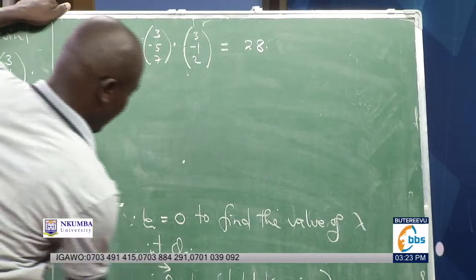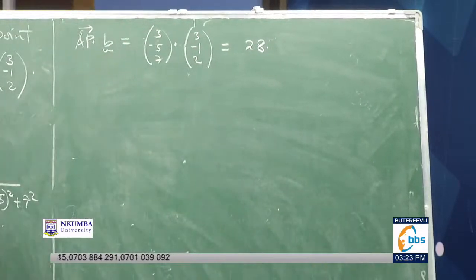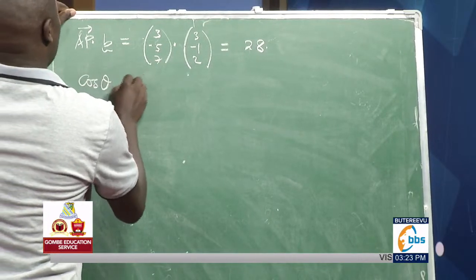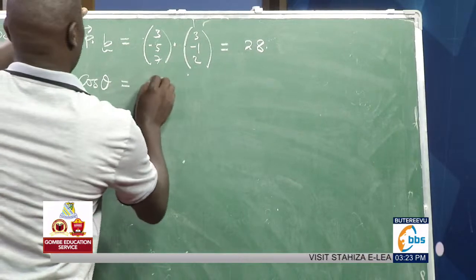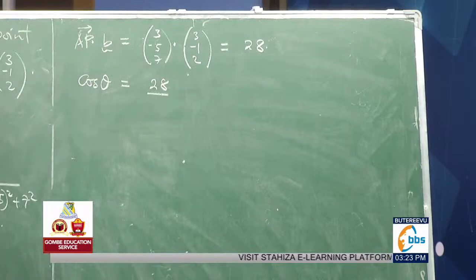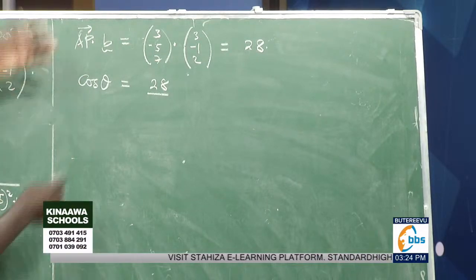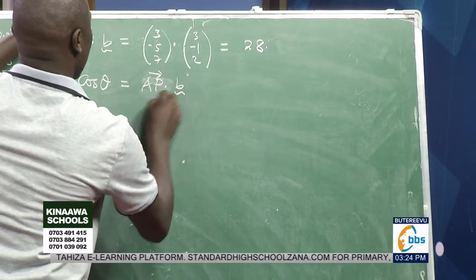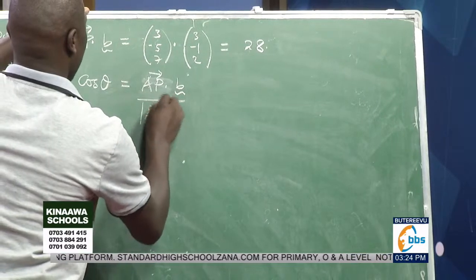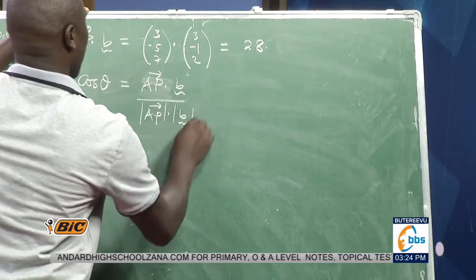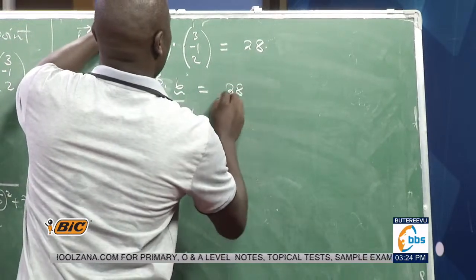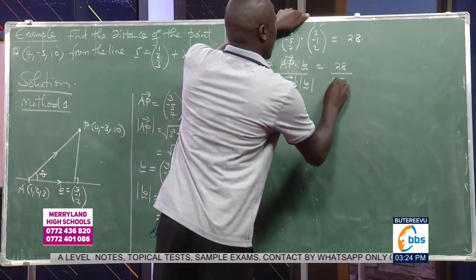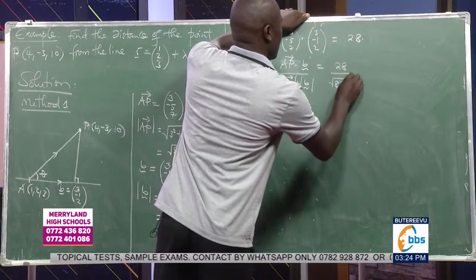Now, having done that, we are going to find cos of theta. Cos of theta is going to be the dot product AP dot B over magnitude of AP times magnitude of B, which is equal to 28 over root 83 times root 14.